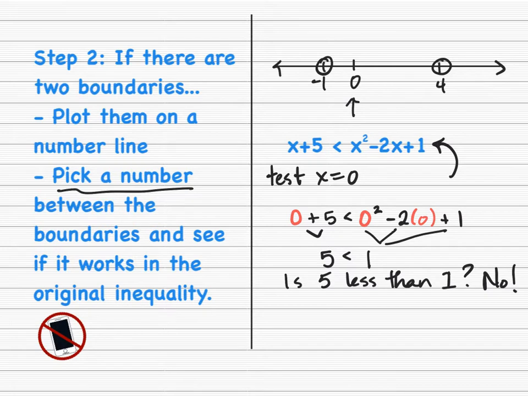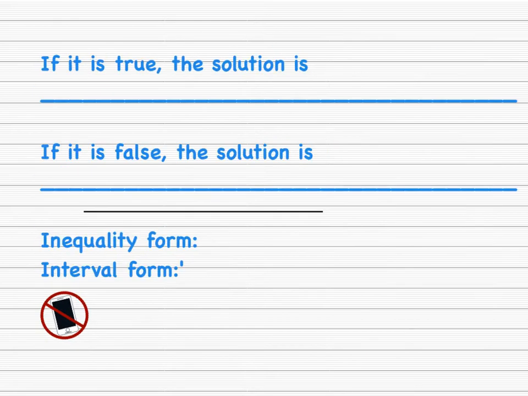So what that tells us is this space in between our two boundaries does not work. So instead, our solution set, we're going to put this in your notes in just a moment, is going to be outside of those two boundaries. Once you've evaluated, if it is true, then the solution is between the boundary points.